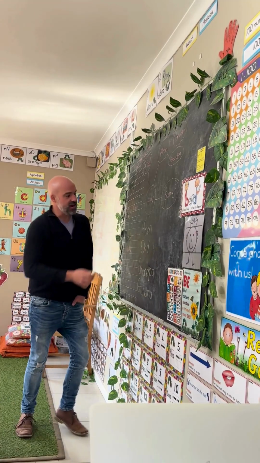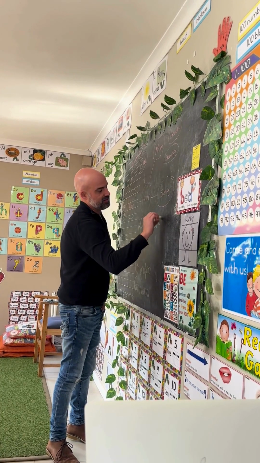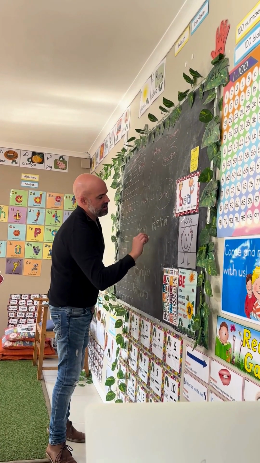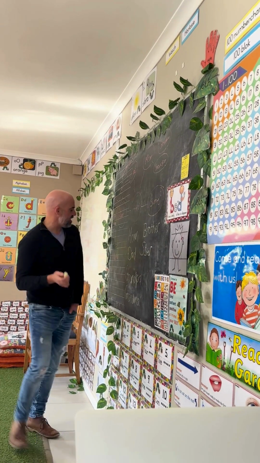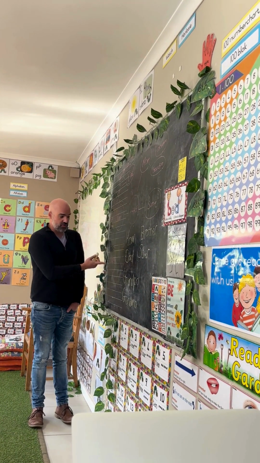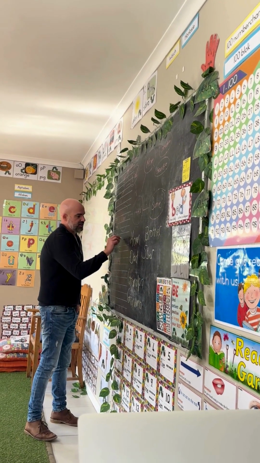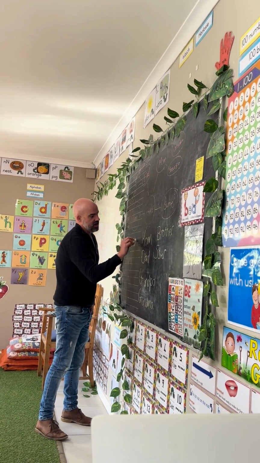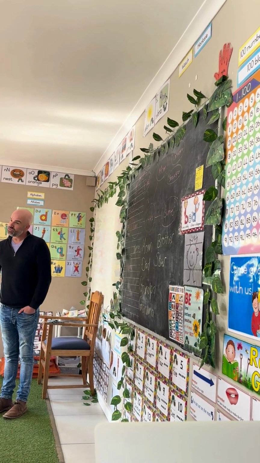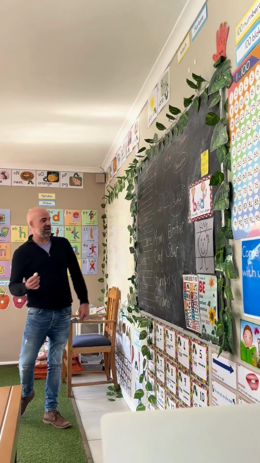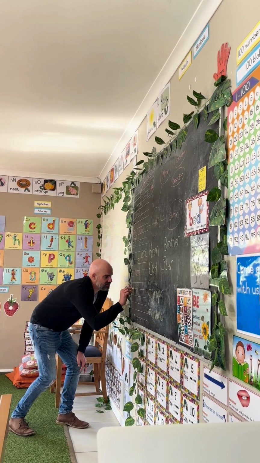Okay, and then what am I writing here? Yeah, and over here. Okay, and what do we have here? Yeah, and then we can write, what am I writing there? Well done, okay. I'm going to put that here. Uncle.